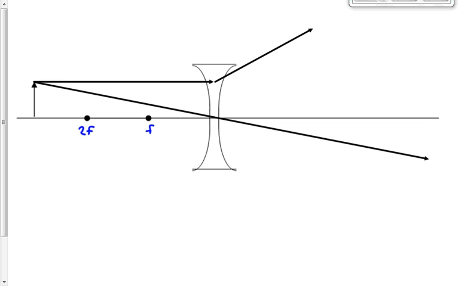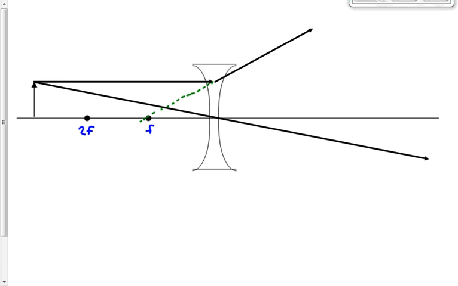Now, they don't intersect anywhere on the right-hand side, so let's extend them. This one gets extended back to the focal point. Do they intersect now? Yeah, it looks like they do. But we have a solid line and a dotted line intersecting. Is that real or virtual? Well, we always look for either 2 solids or 2 dotted lines that intersect here.